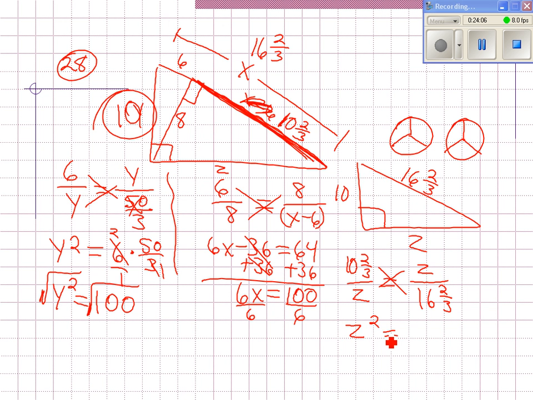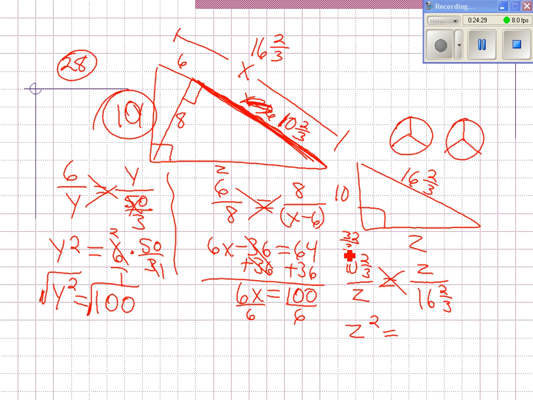All you do is you hit parentheses. Well, no, it won't work. The bad thing about this one is you really can't put it in this way, so you have to change both of these into improper fractions. What's 10 times 3? So you get 32 over 3.